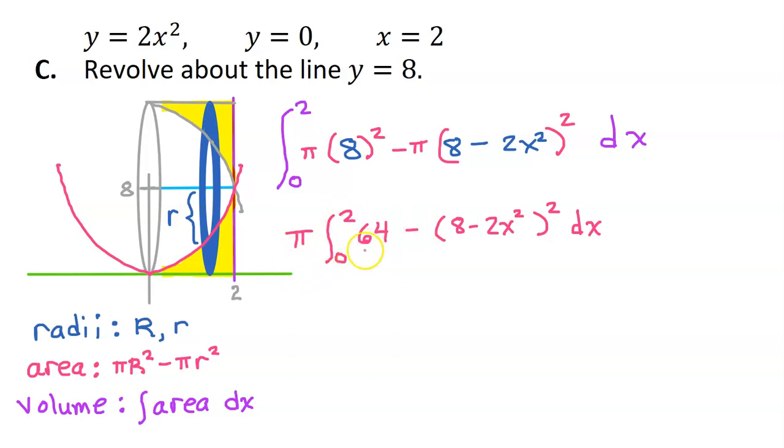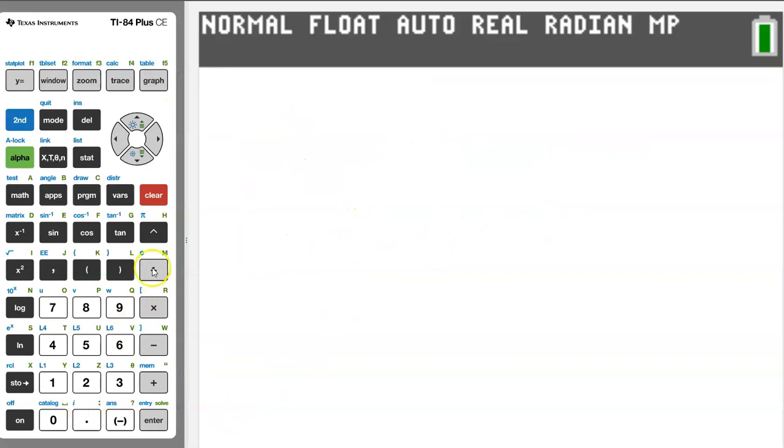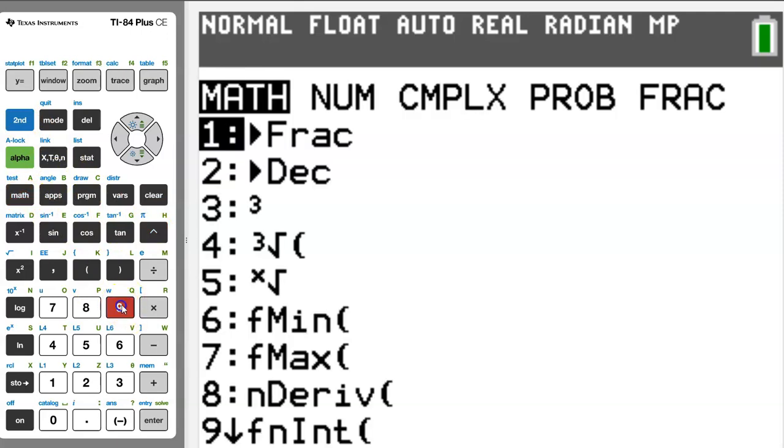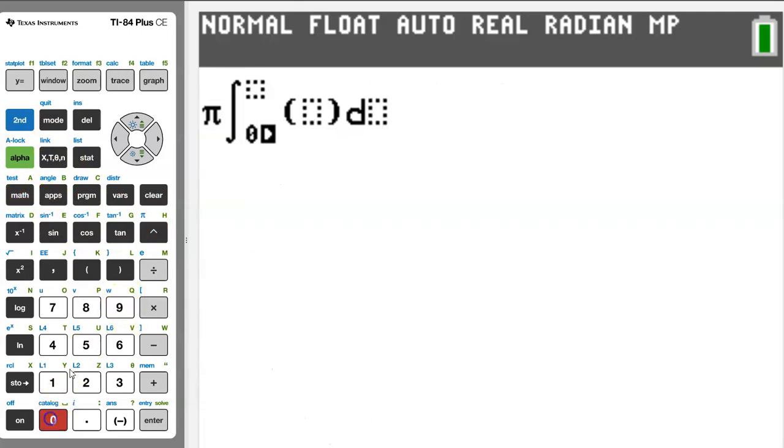These problems are calculator active, so let's go ahead and use our graphing calculator to evaluate this. So we have pi, the integral from 0 to 2 of 64 minus, and I remember that it's something squared. So let's see, pi, and for the integral we will do math 9. We are integrating from 0 to 2.